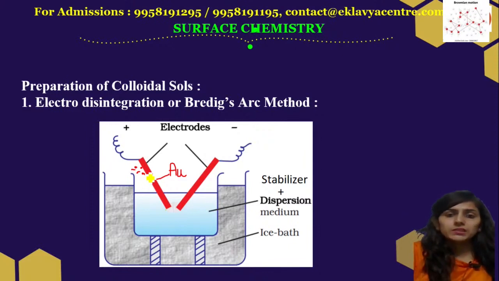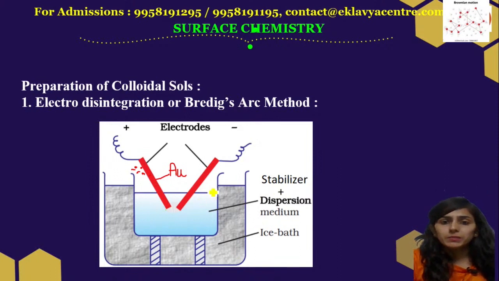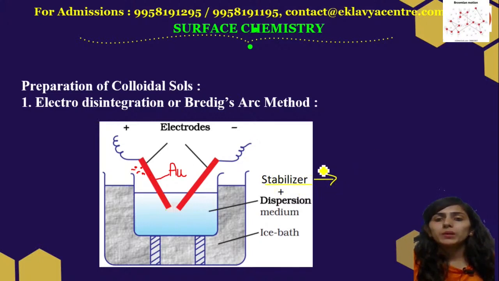I hope this much is clear to you. We are actually using a stabilizer. Why are we using a stabilizer? Suppose I am adding an electrolyte, KOH, NaCl or any electrolyte.